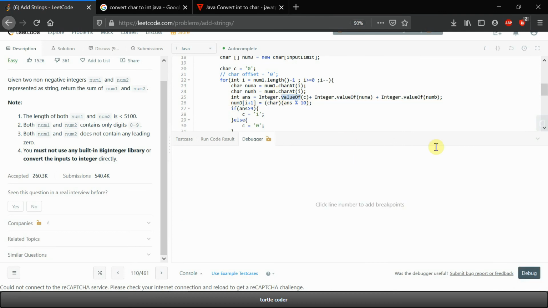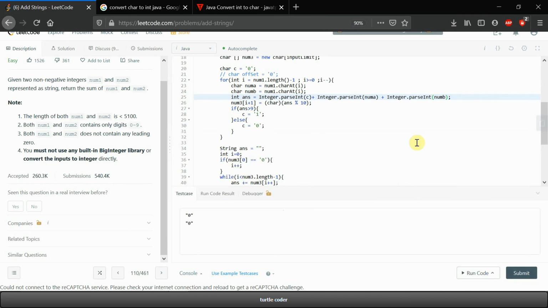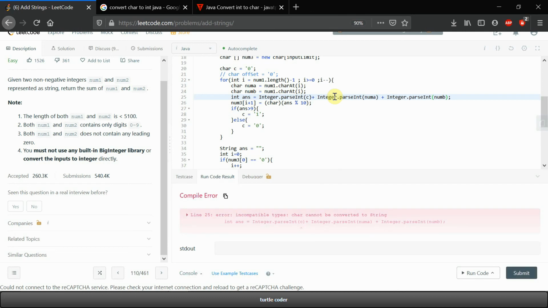Stop. So guys, this Integer dot valueOf doesn't work. That's a new learning for me. Cannot be converted to a string.